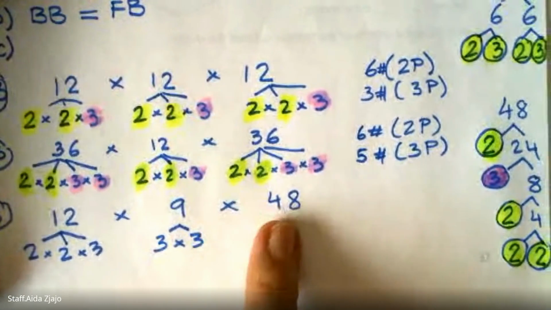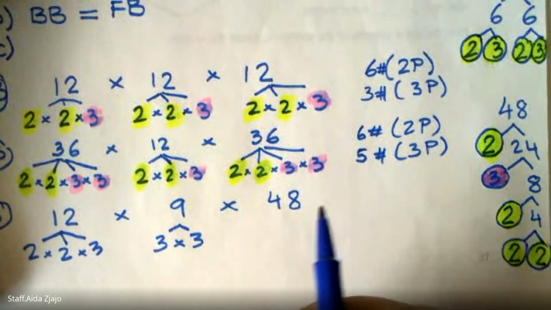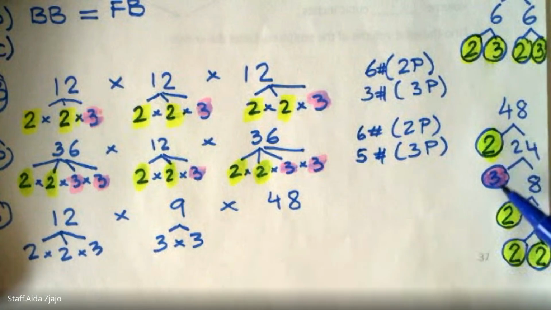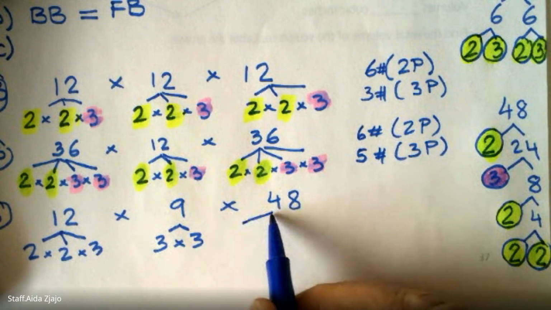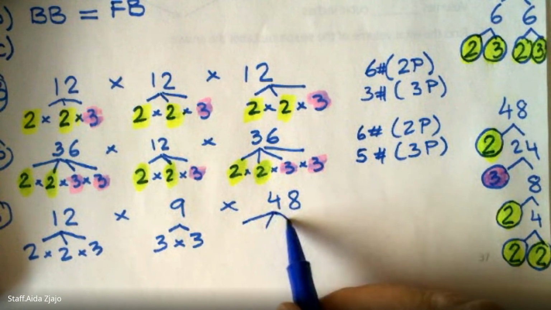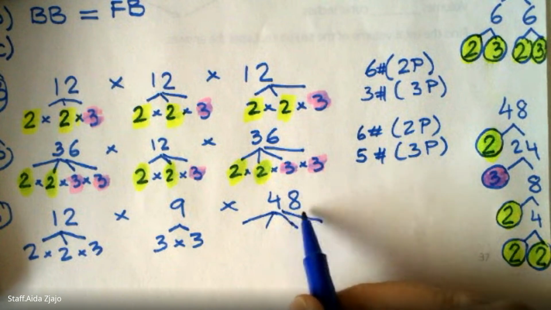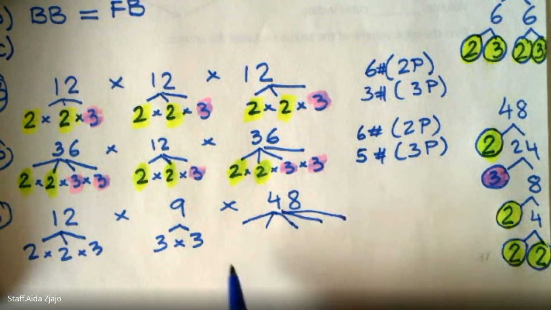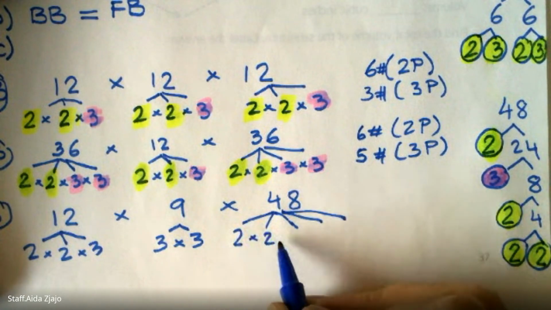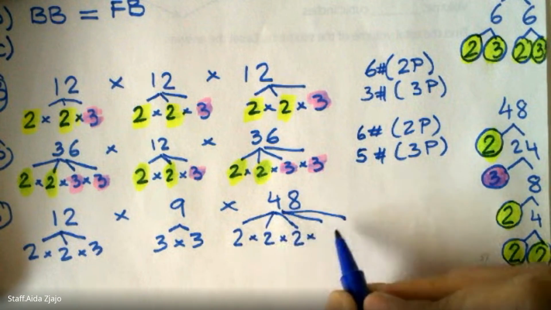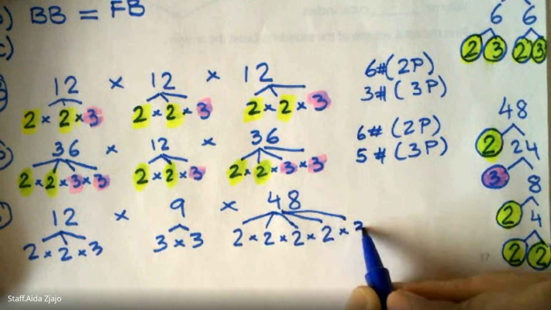So when I break down 48 into primes, it's going to have 1, 2, 3, 4, 5 primes. So it's going to be 2 times 2 times 2 times 2 and times 3.